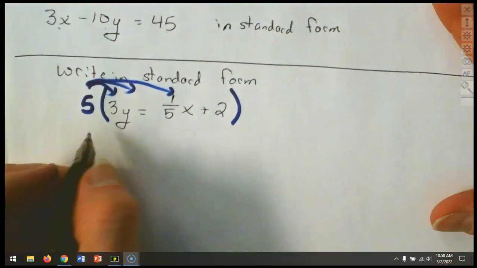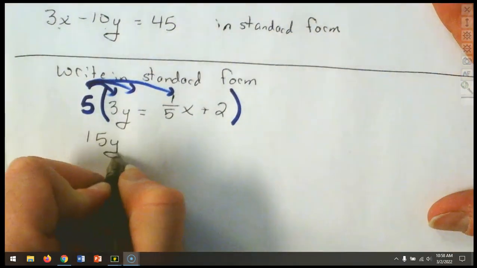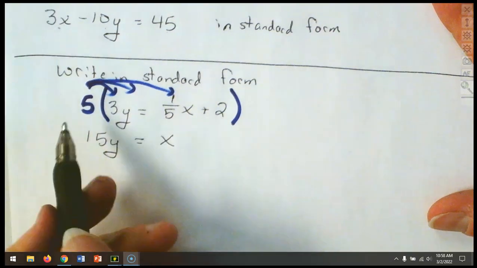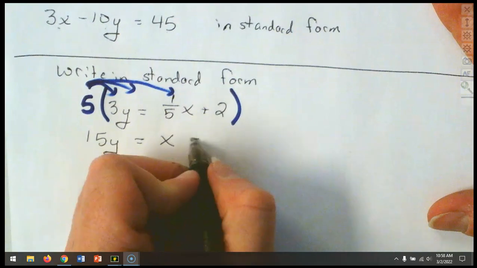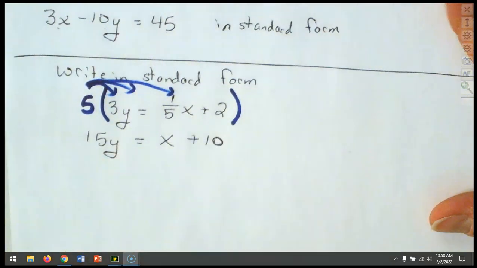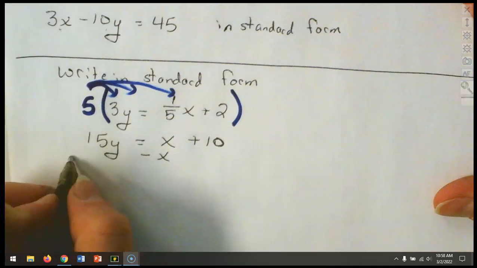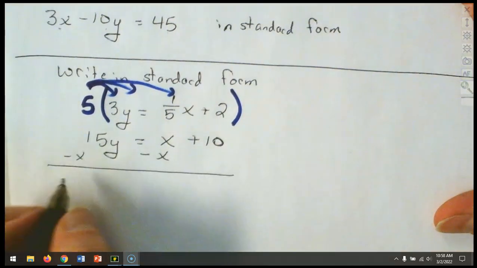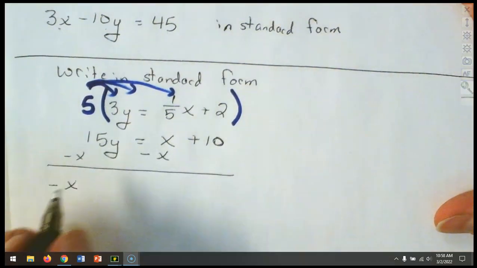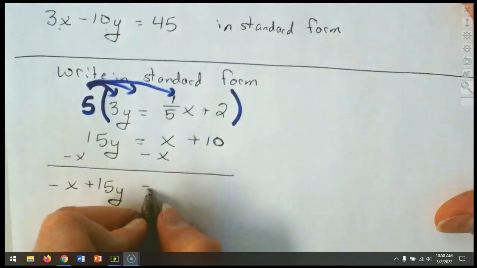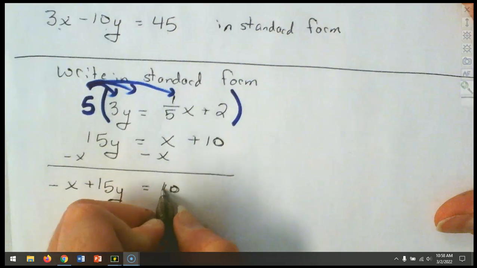And that leaves me then with 15y equals, those cancel, x, and 5 times 2 makes it 10. Now, I made this one a little bit different because this one's going to require one extra step. We move that x over, and then we have a minus x plus 15y equals 10.